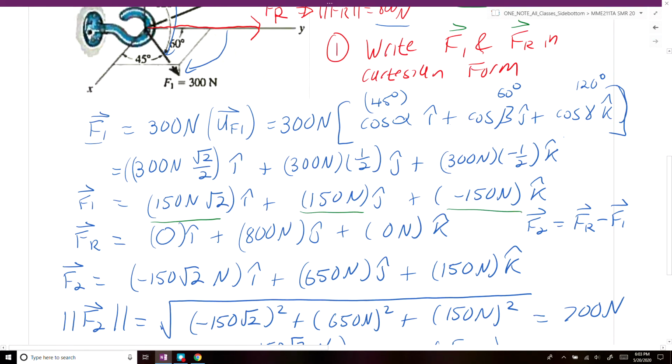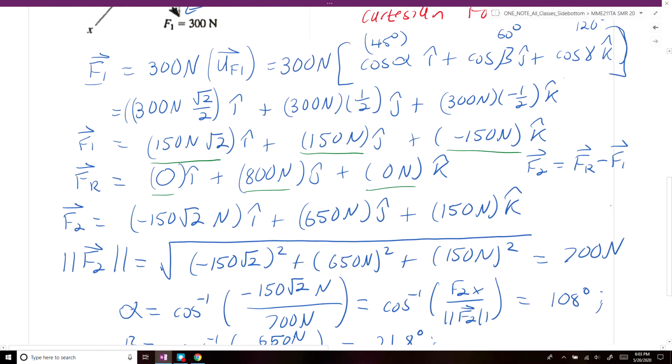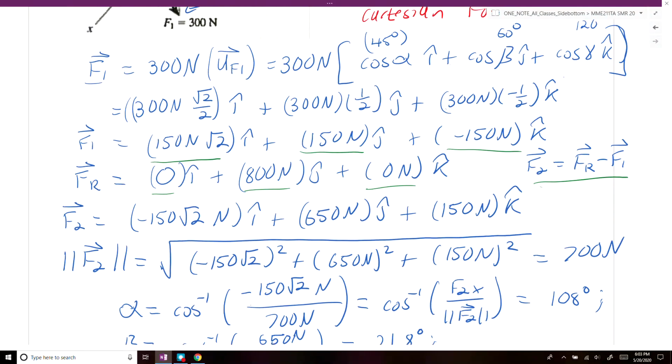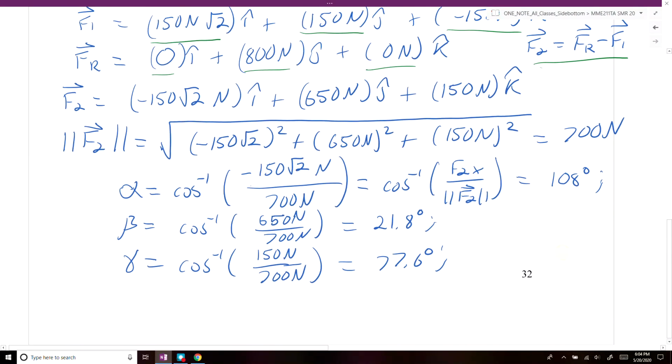Then, using the problem statement, we were able to write the resultant force in its Cartesian form as well. We then subtracted the x, y, and z components of force 1 from the x, y, and z components of our resultant force. Then we squared each of the components and took the square root to determine the magnitude.